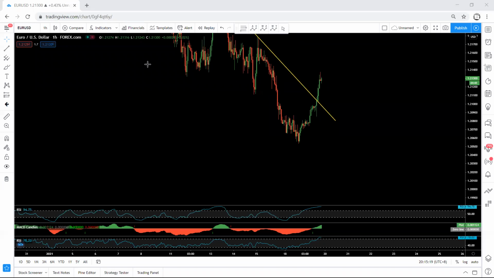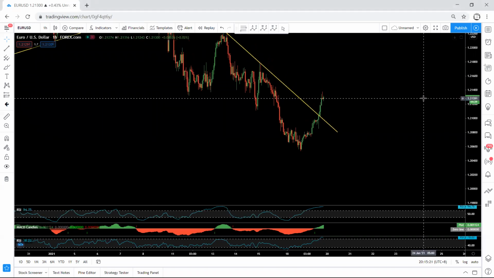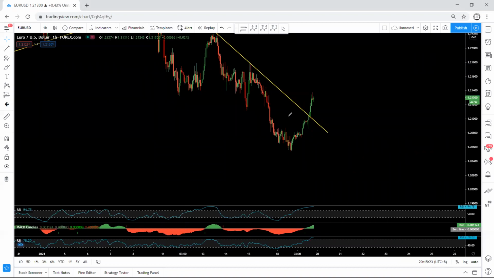And for the buy, I mentioned that we have two options. One of the options is to let the price break this trend line, we get the correction, then from there we look for buy. The price broke the trend line, but still we don't have any correction, which we call the safest way to trade.